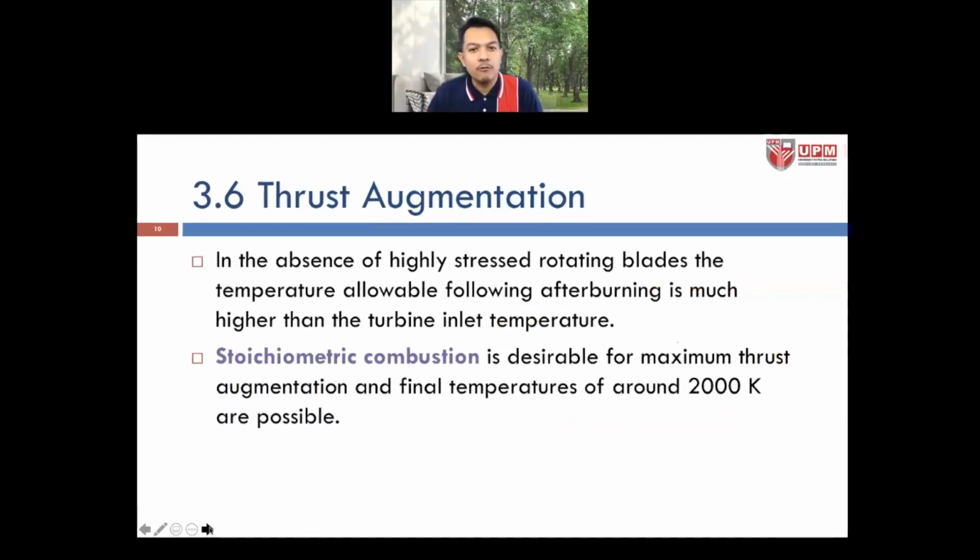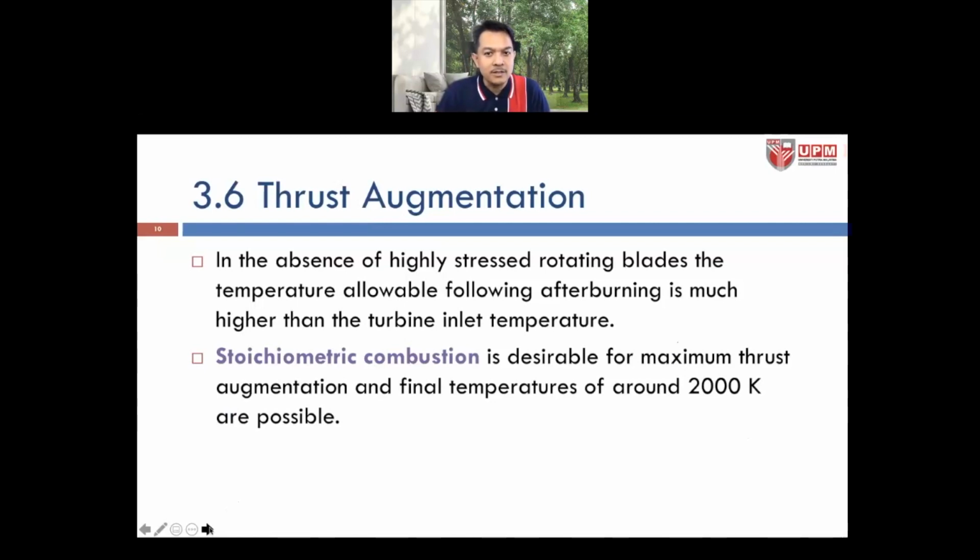In the absence of highly stressed rotating blades, because we do not have a turbine in the nozzle where we introduce the fuel, the temperature allowable following afterburning is much higher than the turbine inlet temperature.